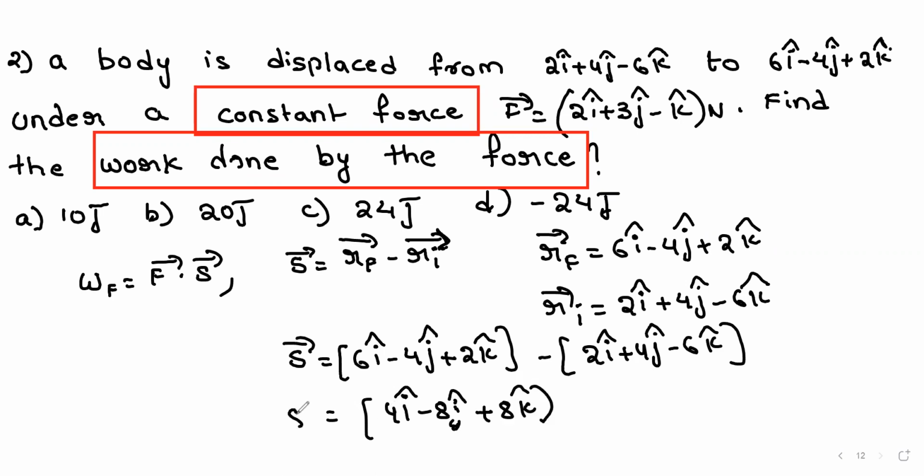So we have the displacement vector, and we have the force vector as 2i plus 3j minus k.